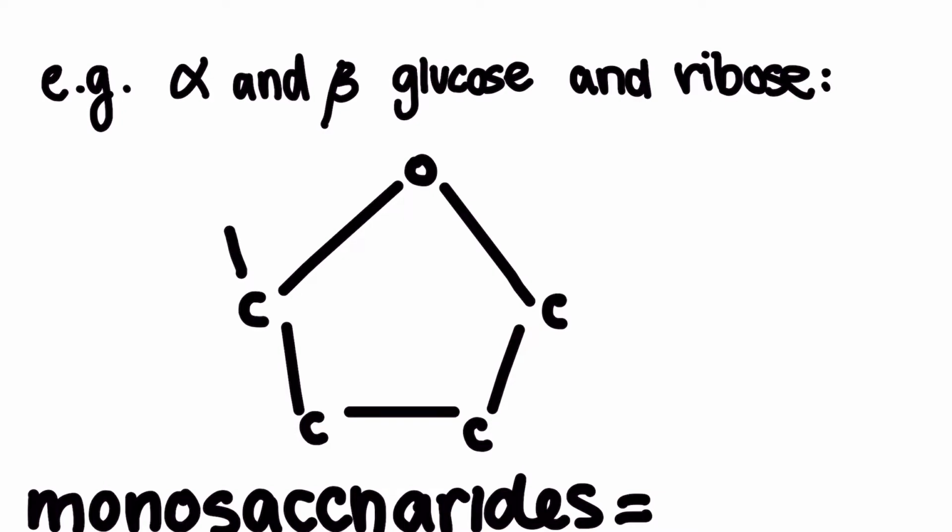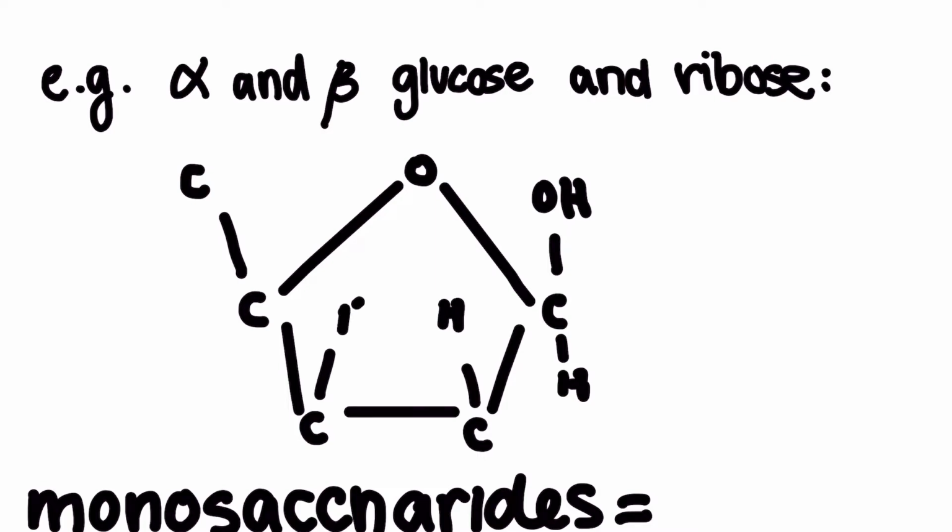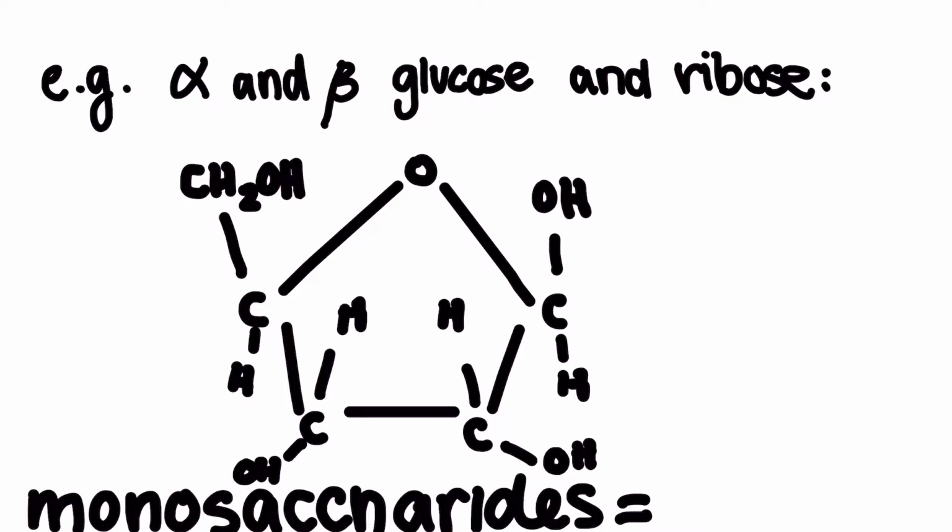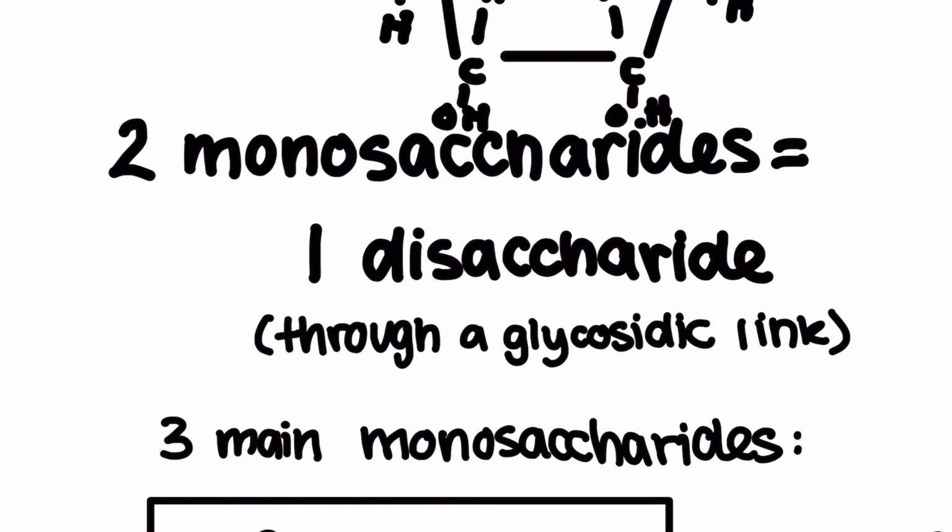And as you can see here, it's also got different orientations to both the alpha and beta glucoses. Most monosaccharides form ring structures, and they can exist in different 3D configurations called stereoisomers. When two monosaccharides bond together, they form a disaccharide through a glycosidic link, as we discussed earlier.